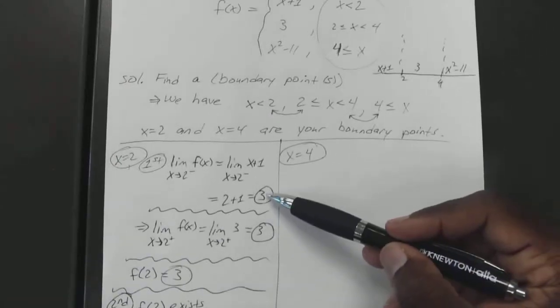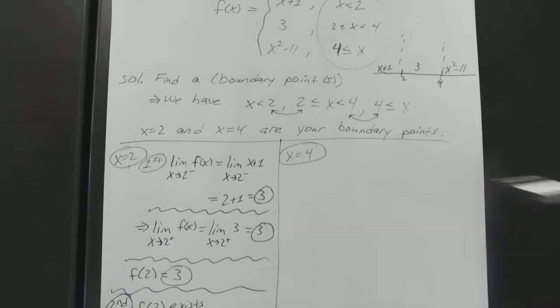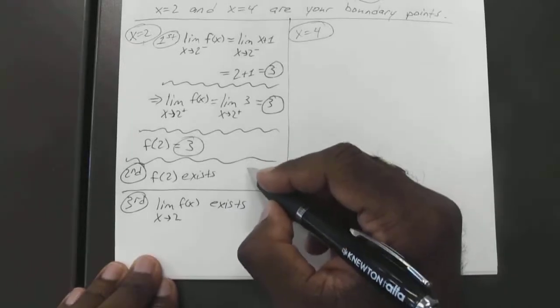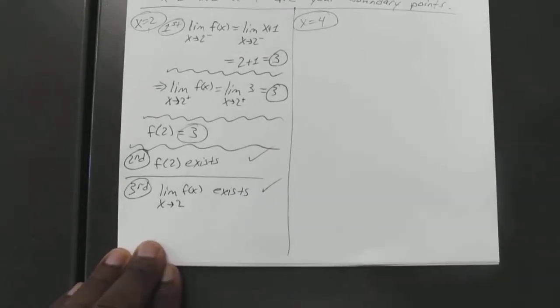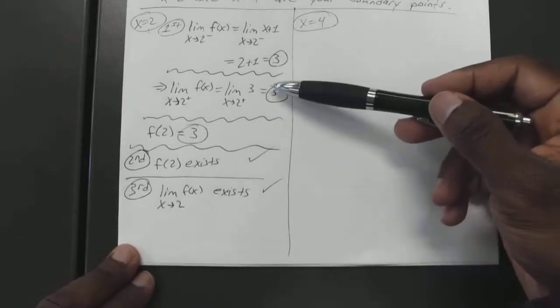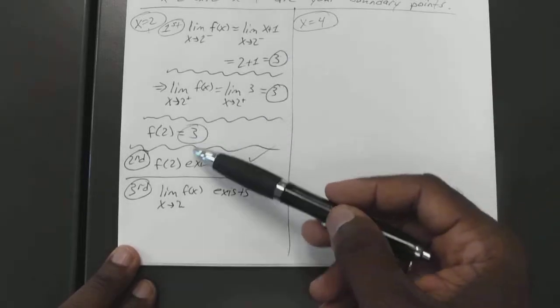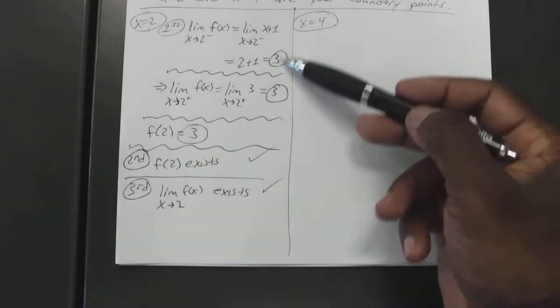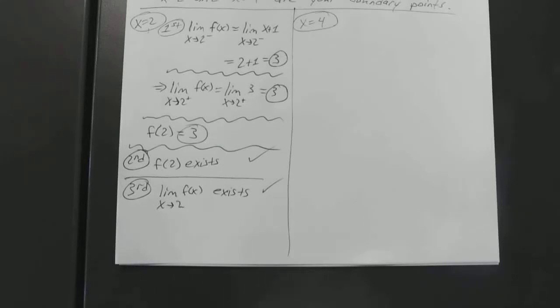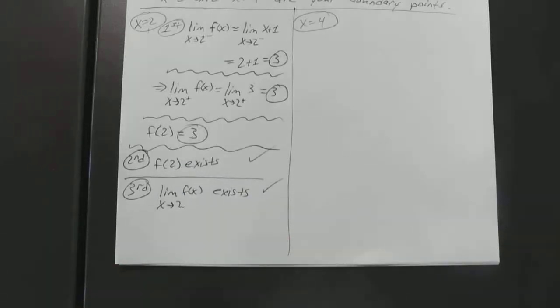And we know that because as it approaches from the left and right, those are the same numbers. As long as they're the same from both sides, the limit exists. So the fourth one is the limit of f of x has to equal f of a, which it does. All three of these are equal. That's kind of the shortcut. If all three of these are equal, you can pretty much stop at step 1. But I'm just going through the process, because if all three of those are equal, then steps 2, 3, and 4 will automatically be satisfied.